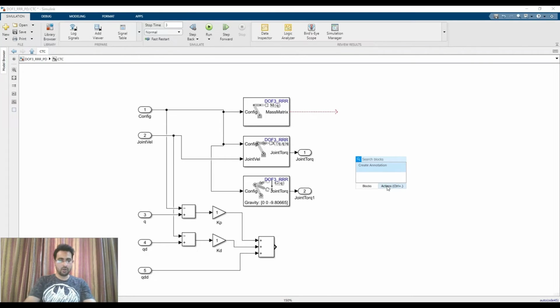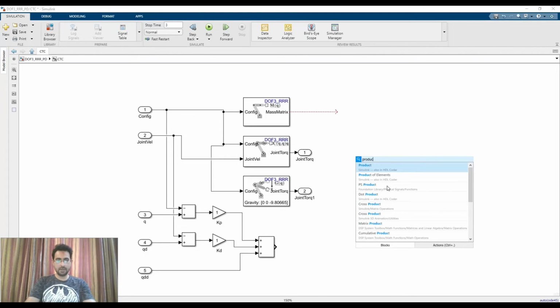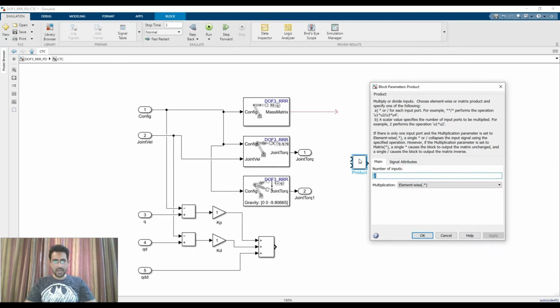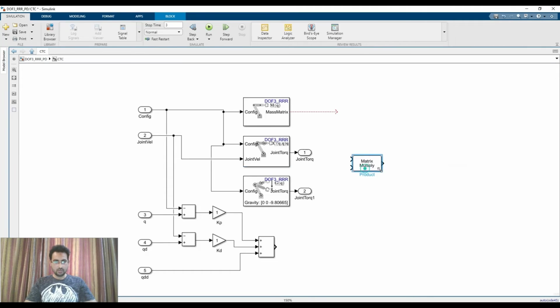I need a product block so that I can multiply the mass matrix with this sum, and inside this product block, I need to select matrix multiplication. On top, I'm giving the mass matrix, and from the bottom, I'm giving these three things. So now over here, I'm getting the torques required to generate the motion in the robot.